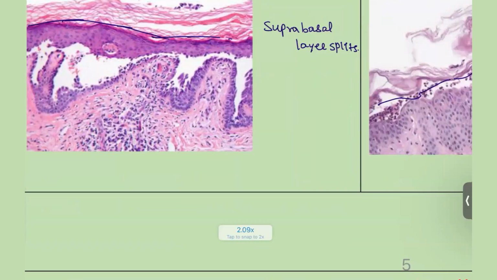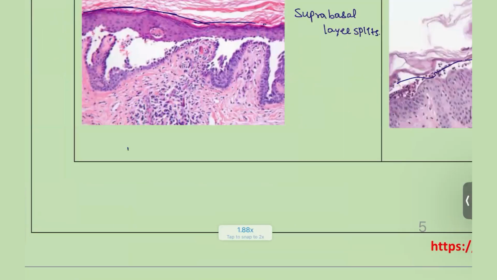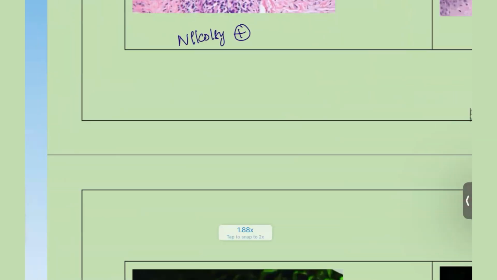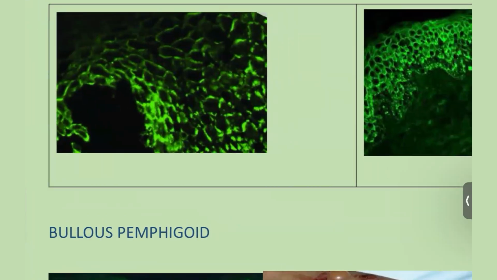Next, the Nikolsky sign is positive here, and also positive here, in both conditions. Next, the immunofluorescence of pemphigus vulgaris is seen as a chicken wire appearance with IgG immunoglobulins, a C pattern.